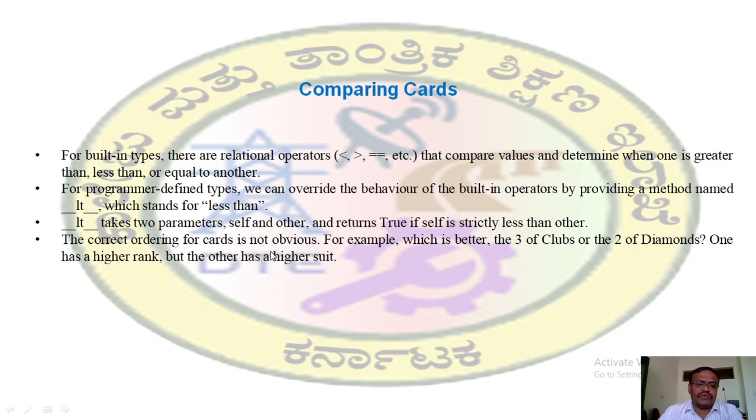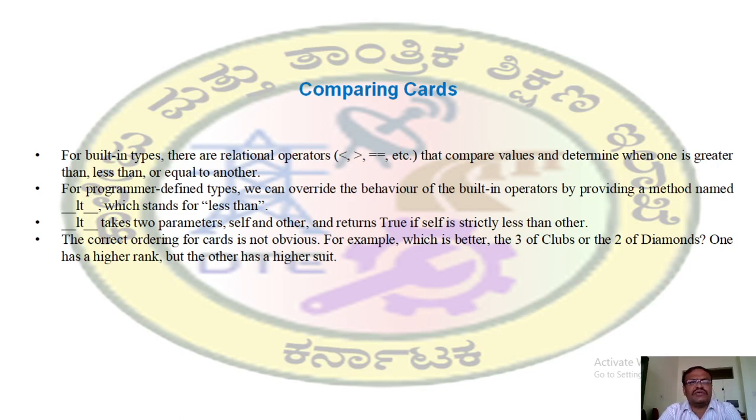The correct ordering for cards is not obvious. For example, which is better, the three of clubs or the two of diamonds? One has a higher rank but the other has a higher suit. So we are using the relational operator to compare one object with another, to know whether the first is less than, greater than or equal to the other.